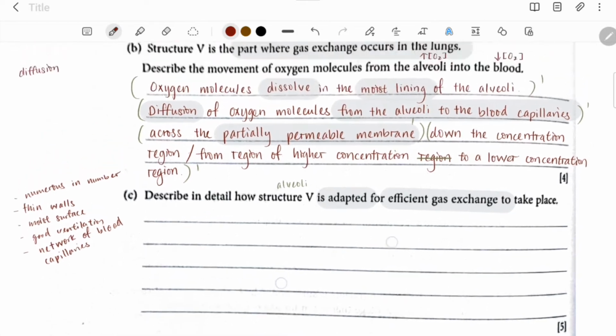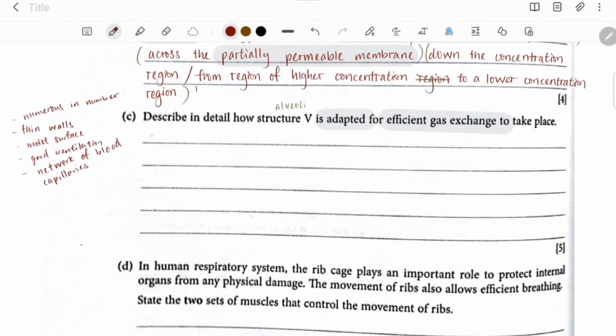If you're not sure whether it's alveoli, you can straight away write structure V lor.